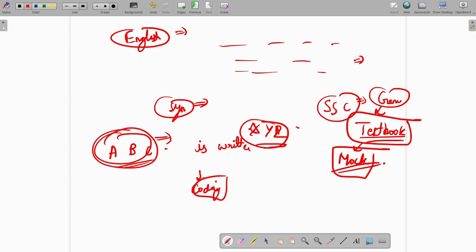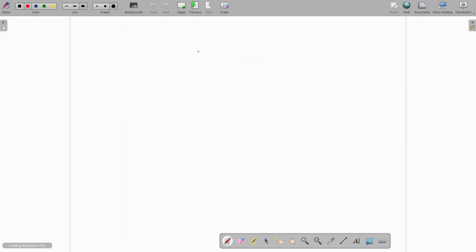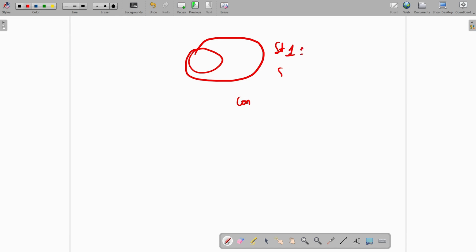Or some syllogism questions also come, like if no cat is rat, no bat is sat. Statement 1 and statement 2 are given, and conclusion 1 and conclusion 2 are there. The four options are like only statement 1 is true, or both conclusions 1 and 2 are true. So in this way it comes.